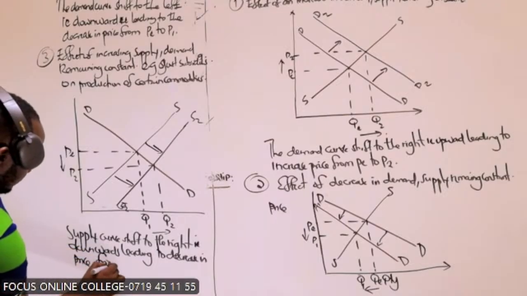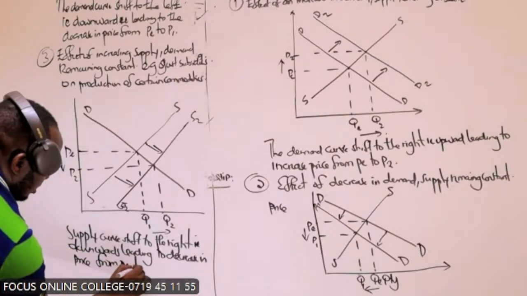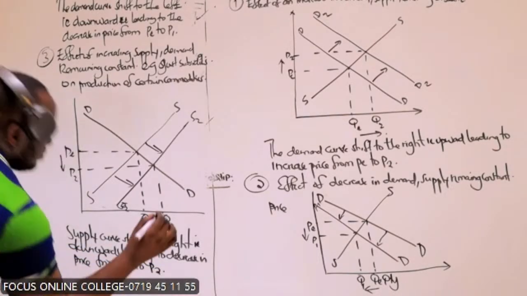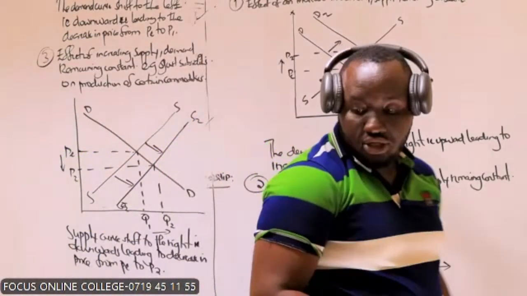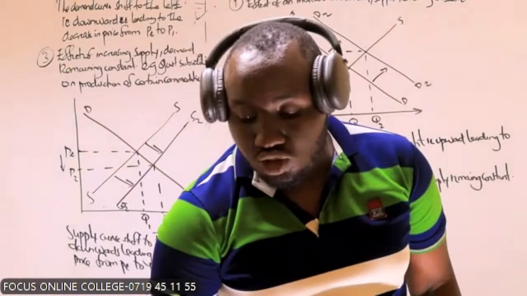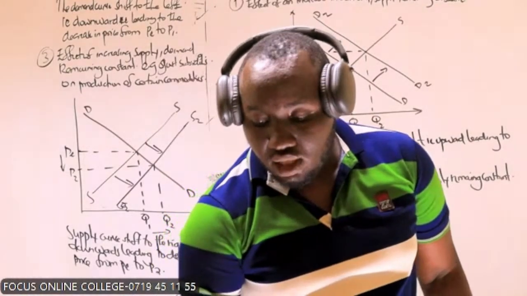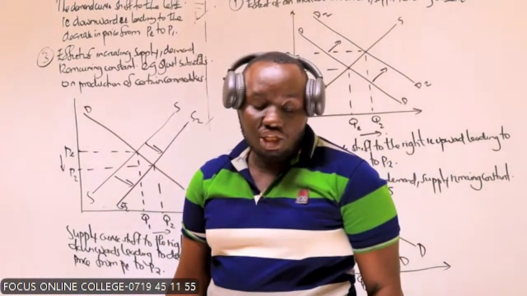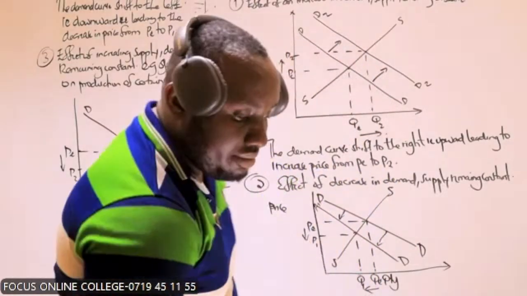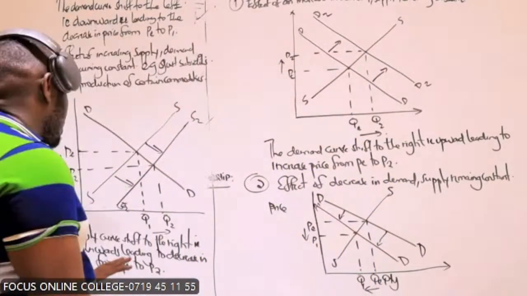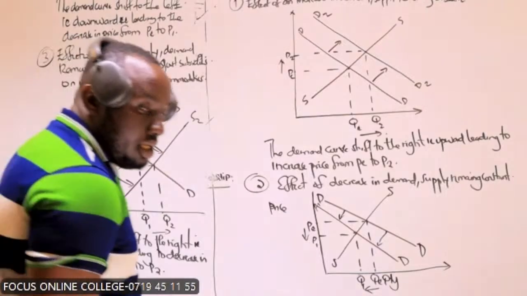The benefit that employees get from the employer leads to a decrease in price from PE to P2.